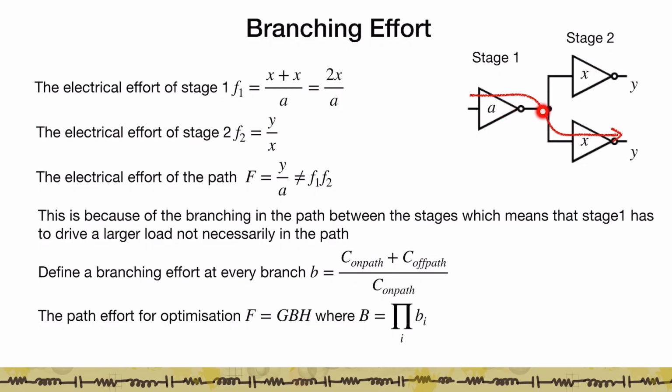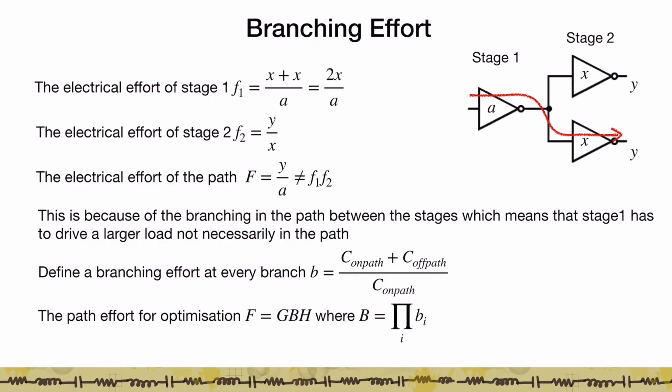So at any time the path has a branch, we account it by using a branching effort, which is defined as the total capacitance that is present at the branch divided by the capacitance that is in the path that you're optimizing for. If you have multiple branches in your path, then every branch will have a branch effort, and the branch effort of the entire path would be given by the product of the individual branch efforts.